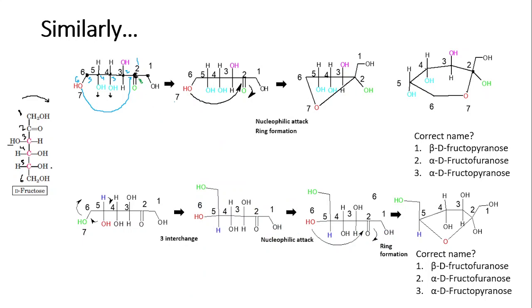This is 1, we always have to involve this, 2, then 3, 4, and this is 5. So a 5-membered ring will be formed if you use this OH. If you use this OH, it will be 1, 2, 3, 4, so a 4-membered ring will be formed. So a 6-membered ring can only be formed using this particular OH.